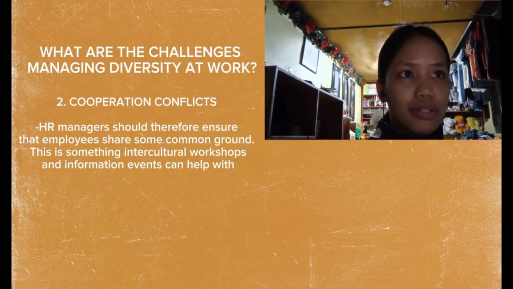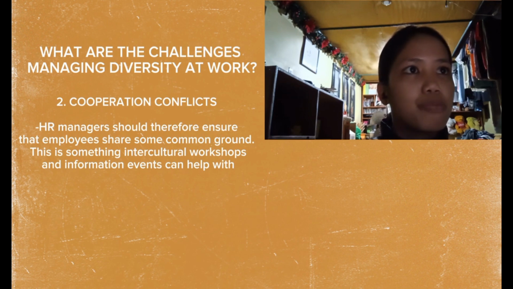Second is cooperation conflict. It occurs when two or more people coordinate their actions to achieve a common goal. On the other hand, there is conflict when one party tries to stop the progress of another. To manage the conflict in the workplace, you must speak to team members individually.